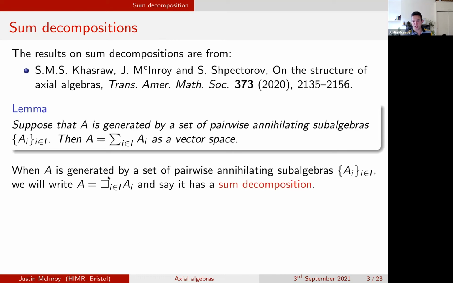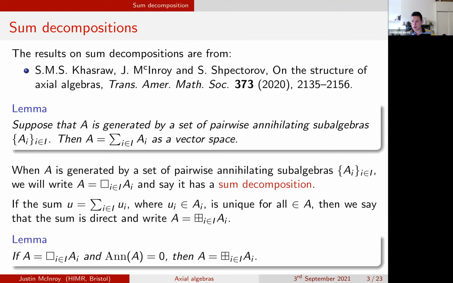I'm going to say it has a sum decomposition when it's generated by pairwise annihilating subalgebras. And notice this is over some index set. I am allowing this to be infinite, if you want. And yes, the standard thing will happen with direct sums with the annihilator.